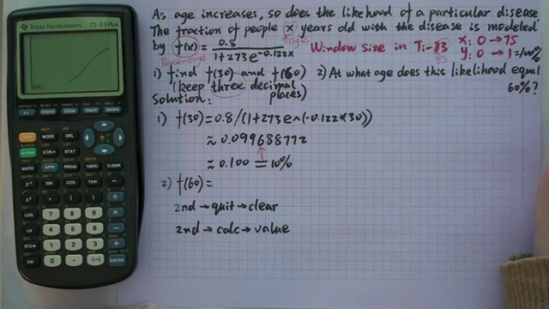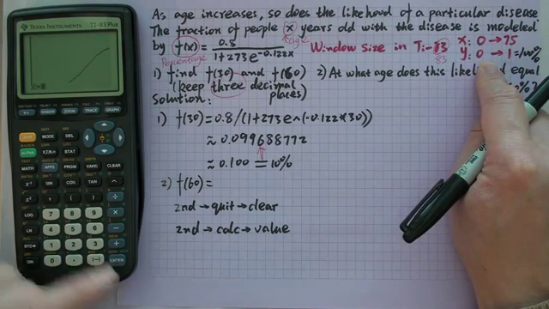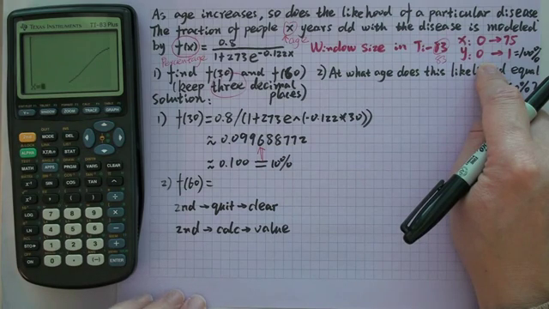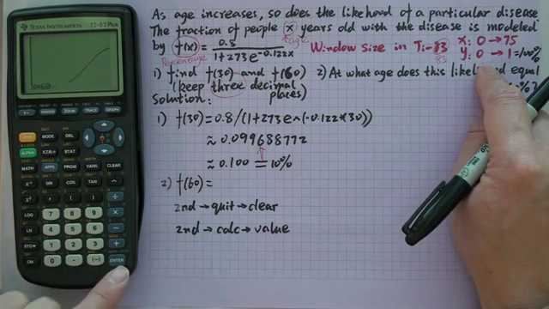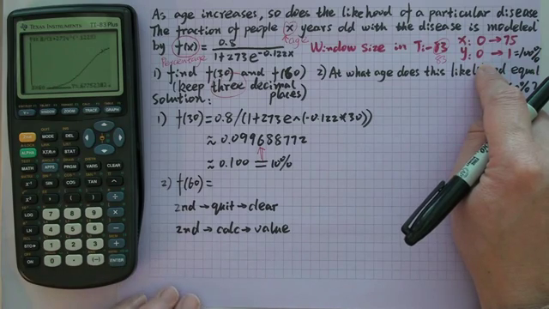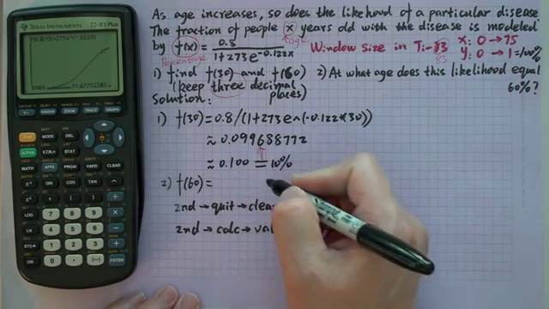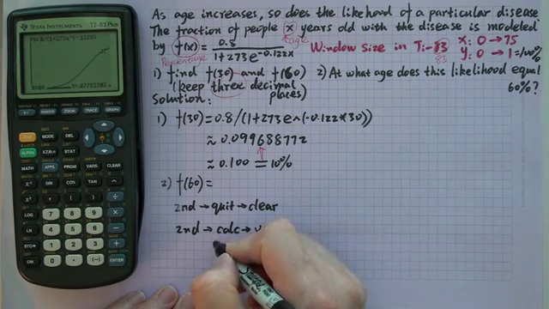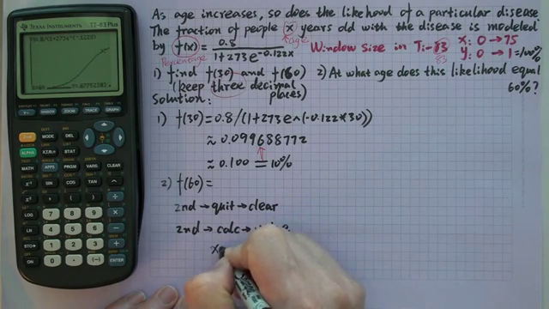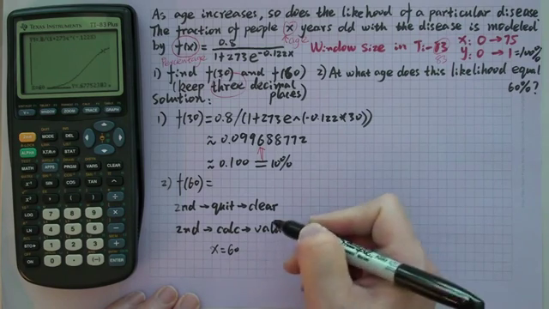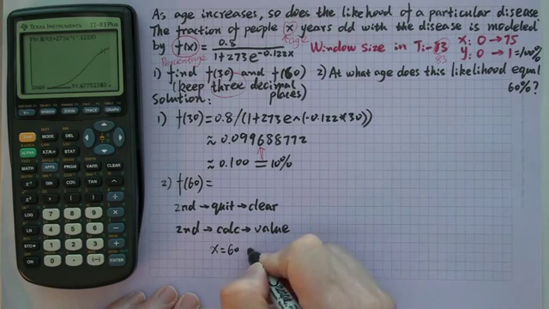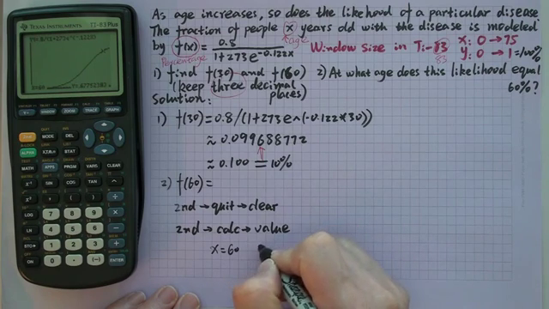So, without this range, you cannot really have this picture. Now you input 60. You hit enter. You then have the answer. You need to enter x is 60 and click on enter.